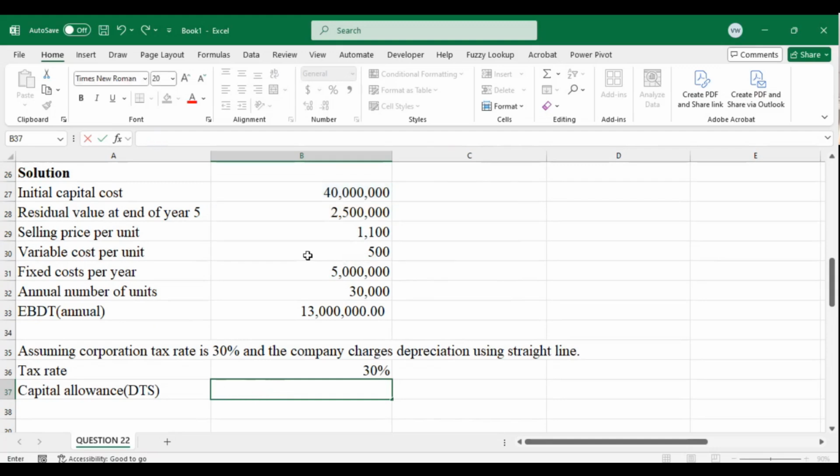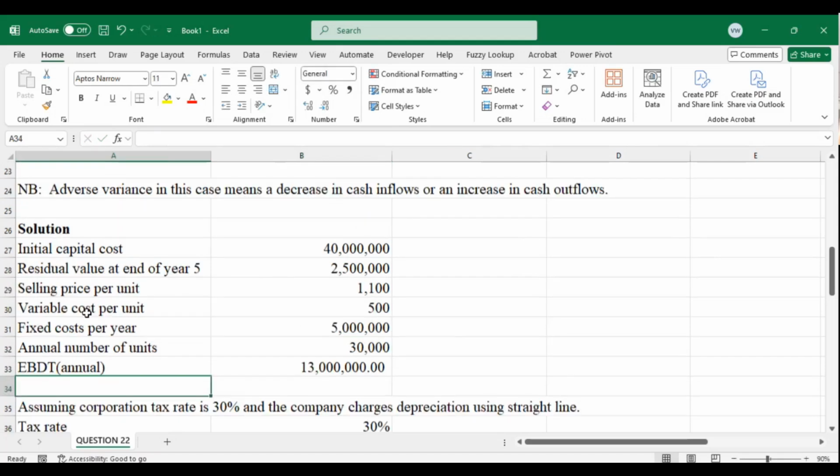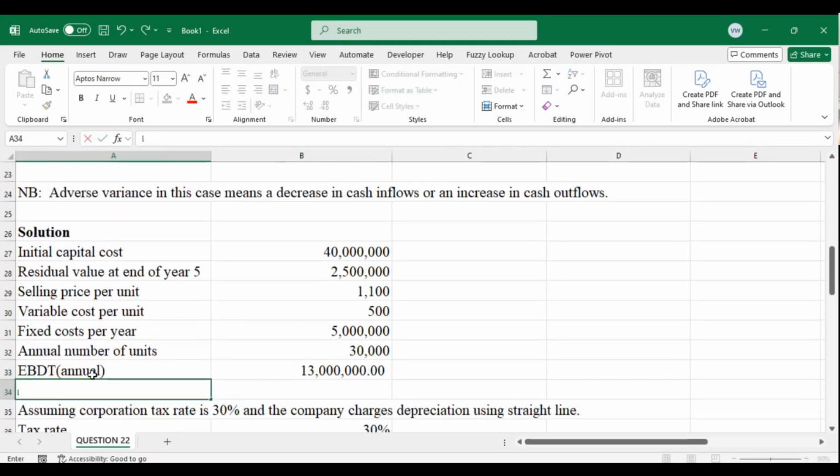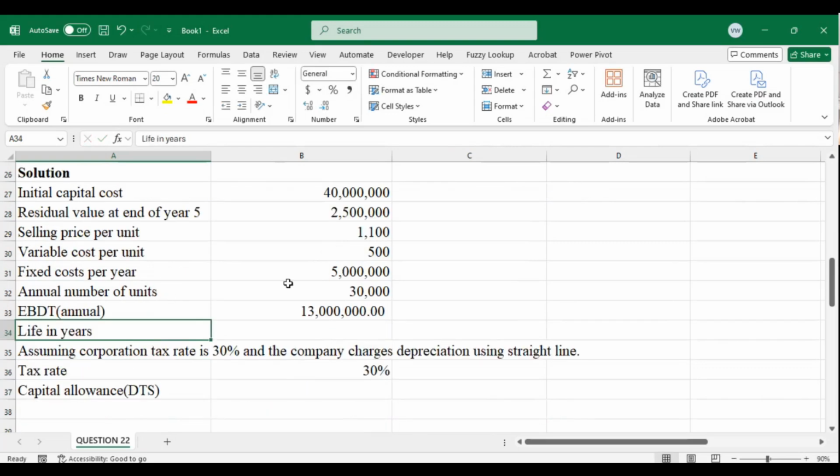But as a matter of safety, I can just put it here, life in years. Even if I were to include it manually, there would be no problem. So for life in years, let me just say 5.